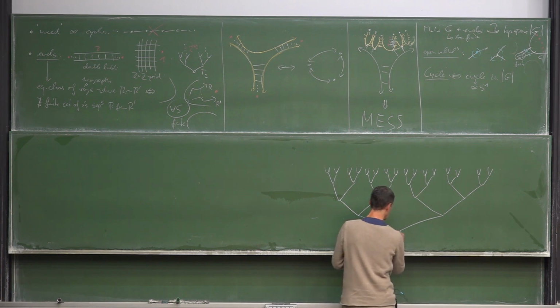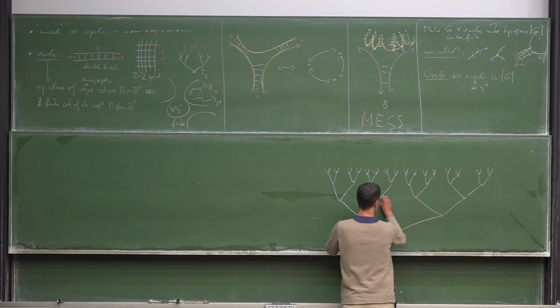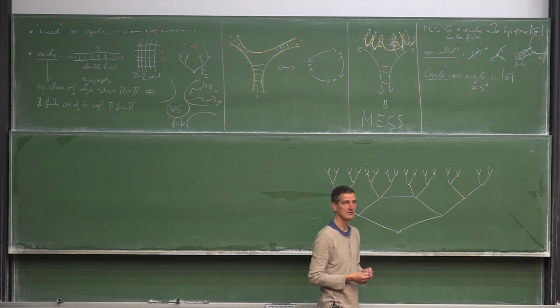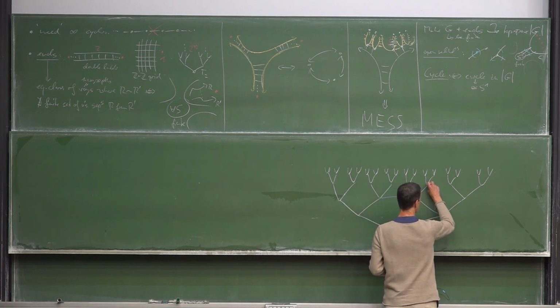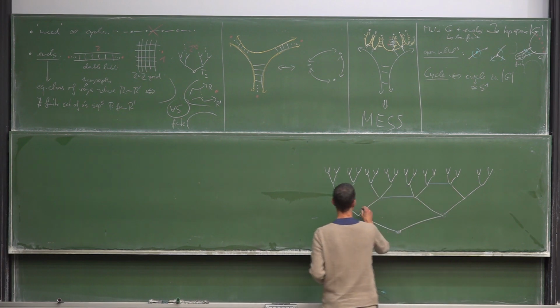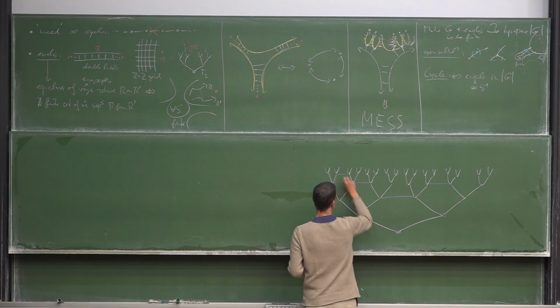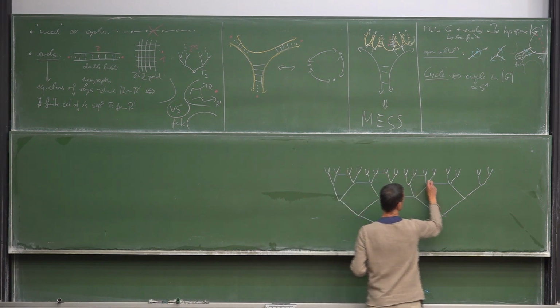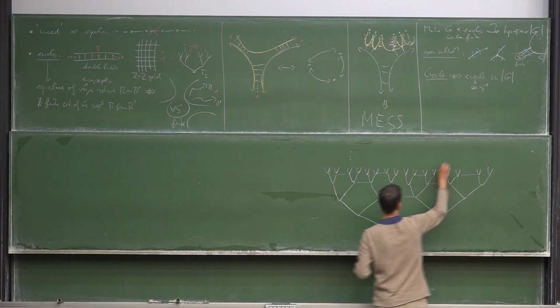Yeah, maybe. So for this vertex, we go left, right, and we go right, left, and we add this edge. For this vertex, we go left, right, and right, left, and we add this edge. And similarly for that, and we keep doing that.